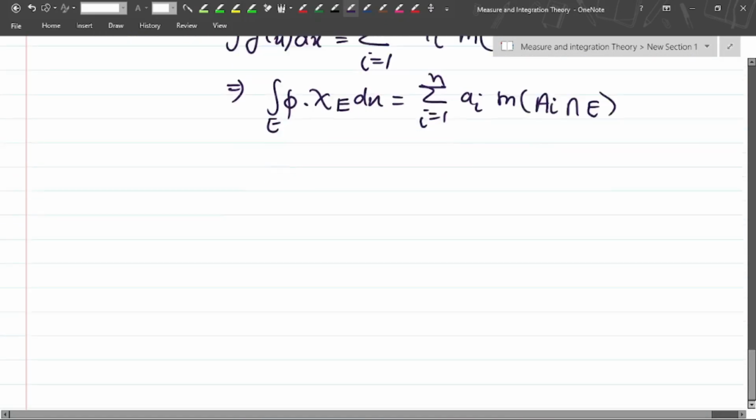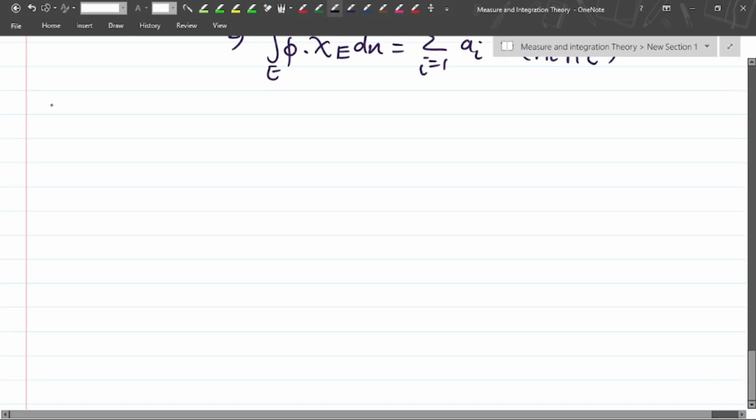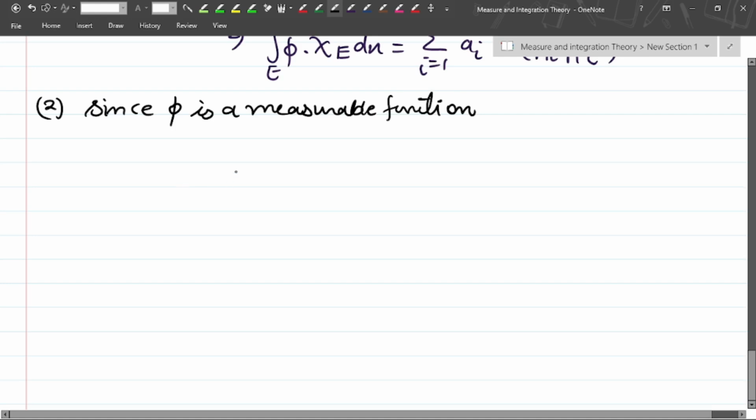Now the second result. Result number 2. Since phi is a measurable function, then the integral over A union B of phi of x dx is equal to the summation i equals 1 to n.